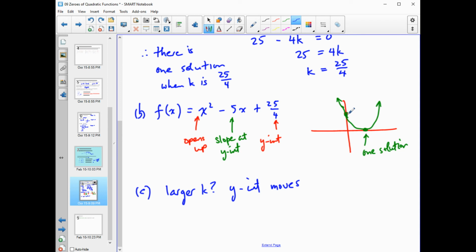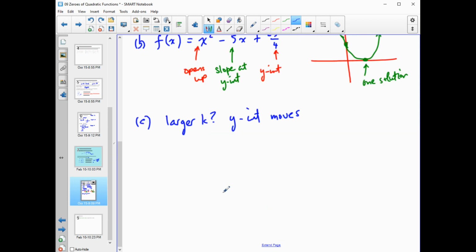If I increase that number, then my y-intercept will be higher. So on my graph, if everything else stays the same, the parabola would be up here. Sorry, I didn't finish my statement here. The y-intercept moves up, and you can see what is the result when that happens.